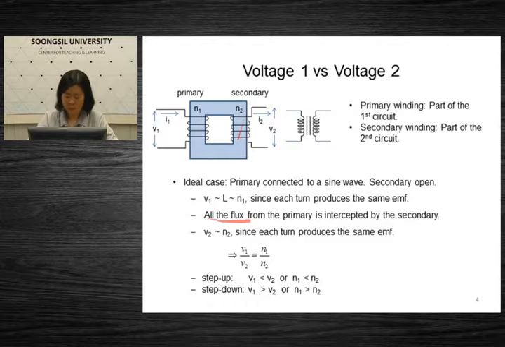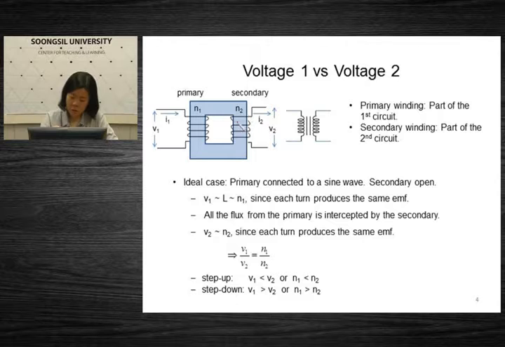Since each turn of wire is experiencing the same magnetic flux, all of them will create the same EMF. That means the voltage at the secondary will be proportional to the number of wires at the secondary part.